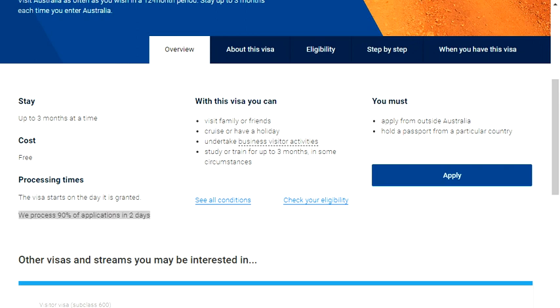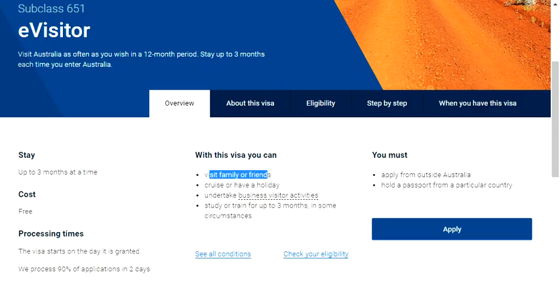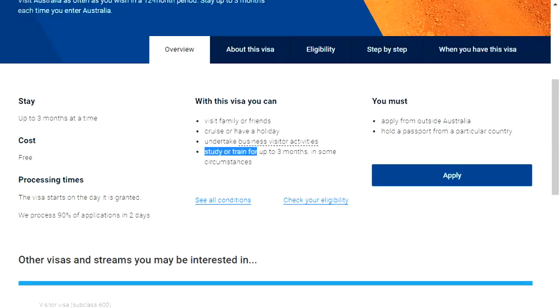All right, so with this visa you can visit family or friends, of course, go on a cruise or have a holiday, undertake business visitor activities, study or train for up to 3 months in some circumstances. But because this is going to allow you to stay for 3 months, if you plan to stay longer, you need other visitor visas, or if you're planning to study, you have other study or training visas that you can take a look at.